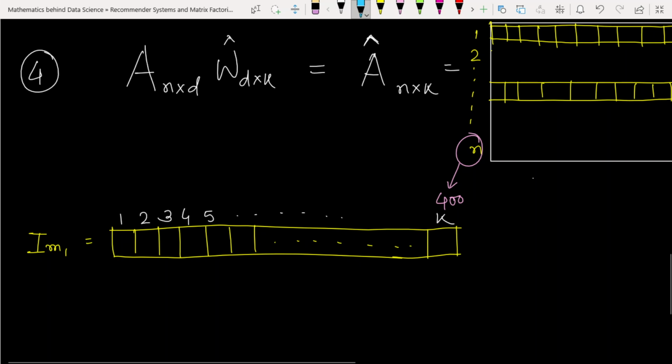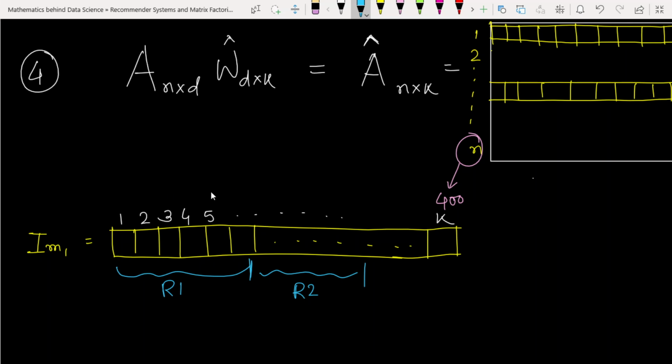Here we take chunks: first we take 64 and consider it R1, then the next 64 as R2. It depends on what size you want to build. According to this k value, we will build our image.